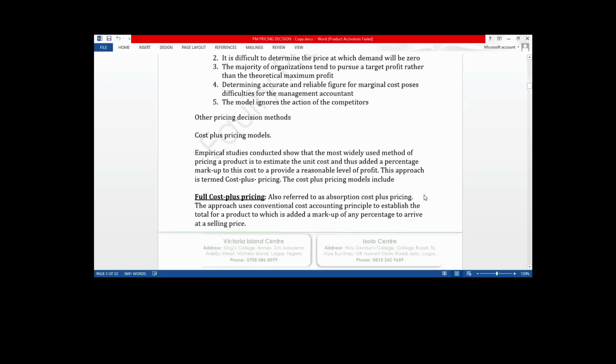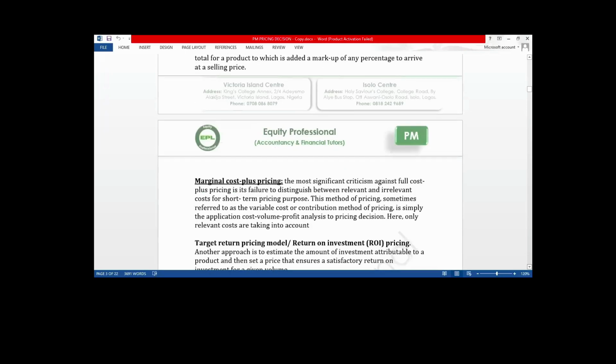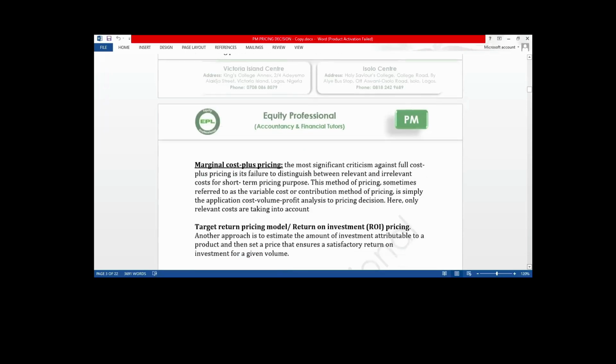Number two method, marginal cost plus pricing method. Under this method, only the variable cost is added together.